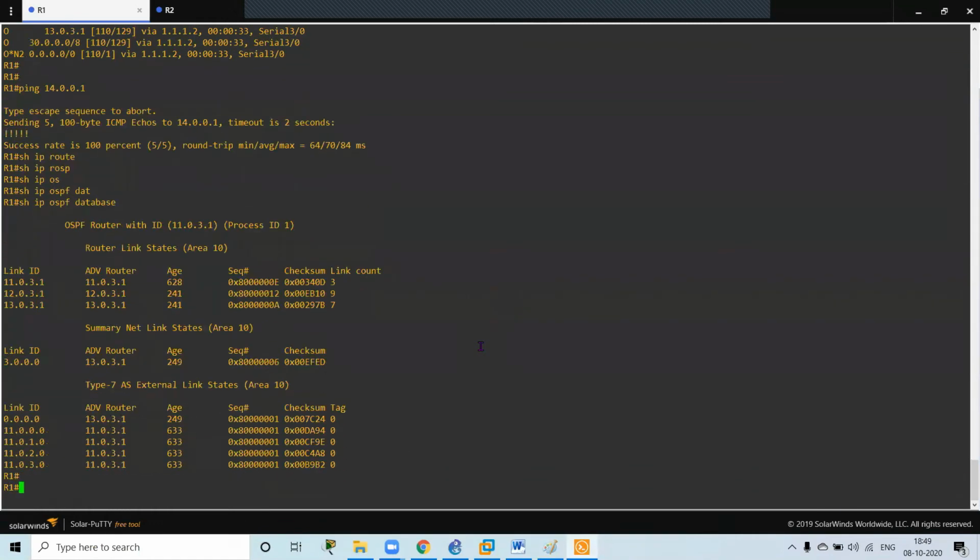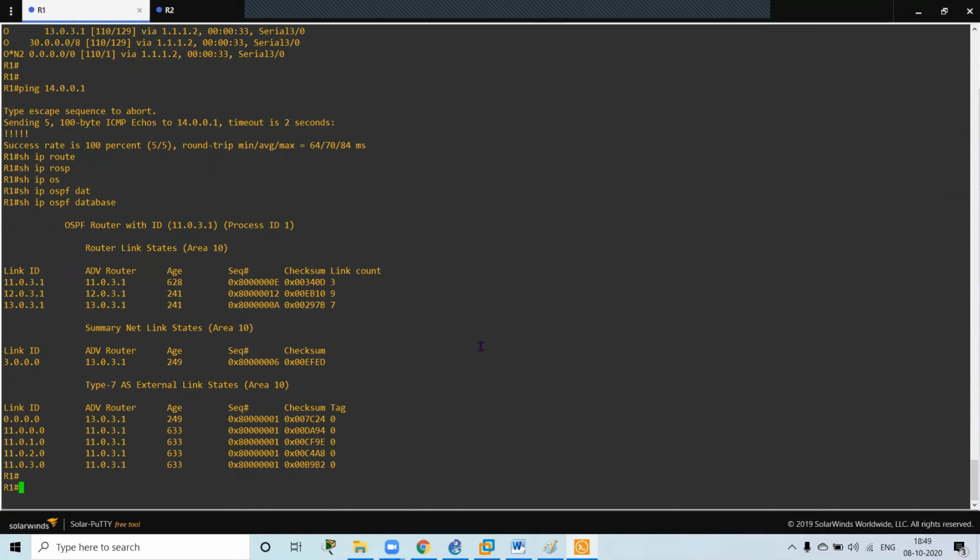I thought the O, E1, and E2 were external. What are these routes? Did I get anything like O star E2 or E1 routes anytime? I converted my E1 and E2 routes to O star IA routes, correct?